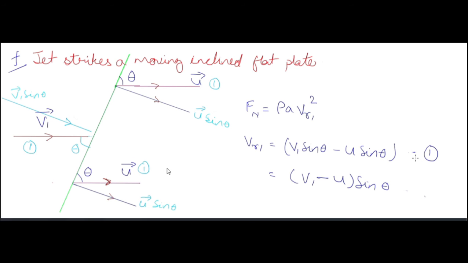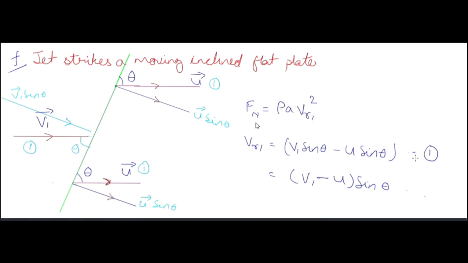Now we are concerned with the force exerted by the jet in the normal direction, so we have to consider the velocity components in the normal direction: u sin theta, and v1 having the component normal to the plate, v1 sin theta.